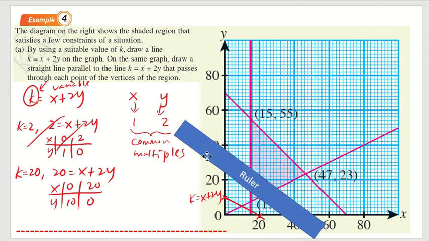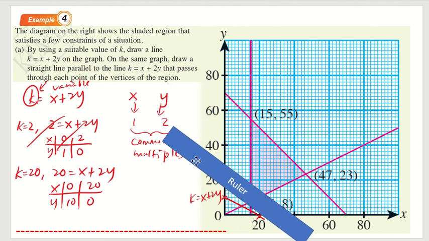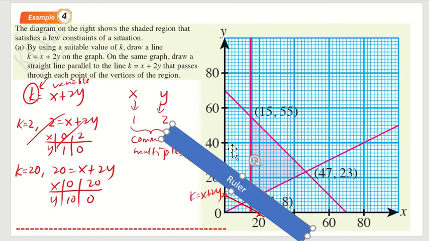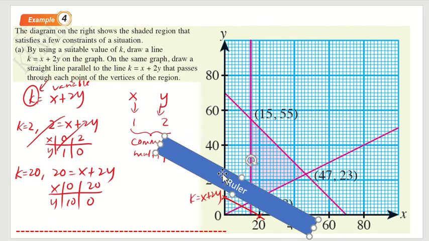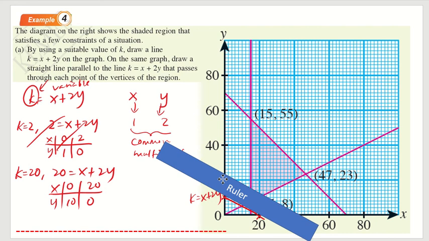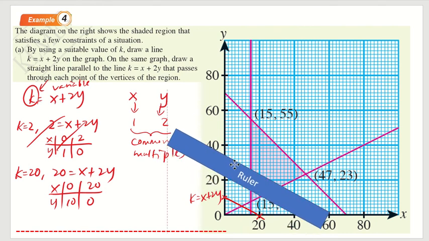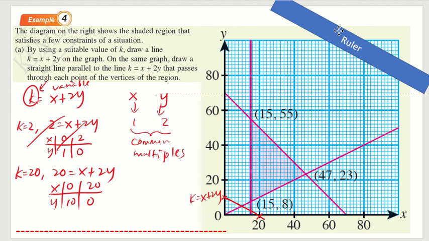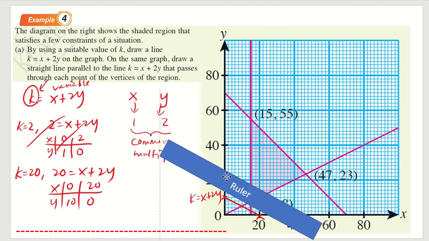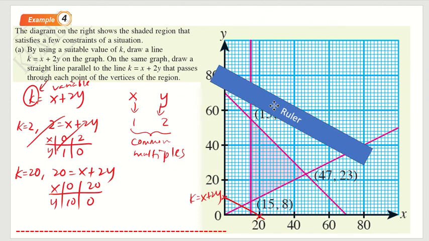Once you move it, this whole line will be parallel to K equal to x plus 2y.